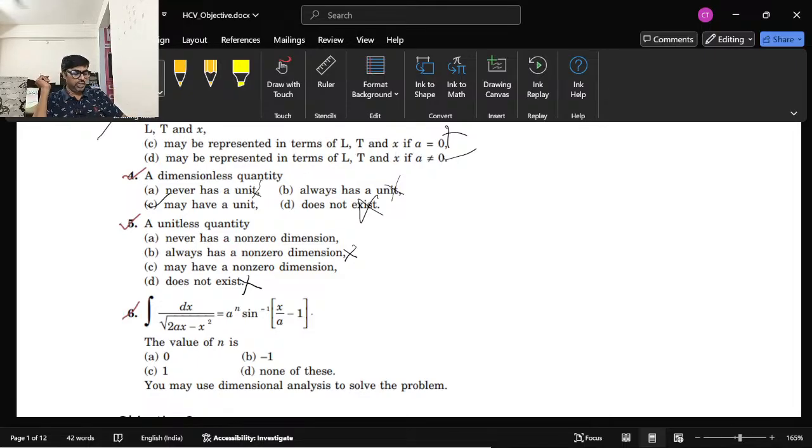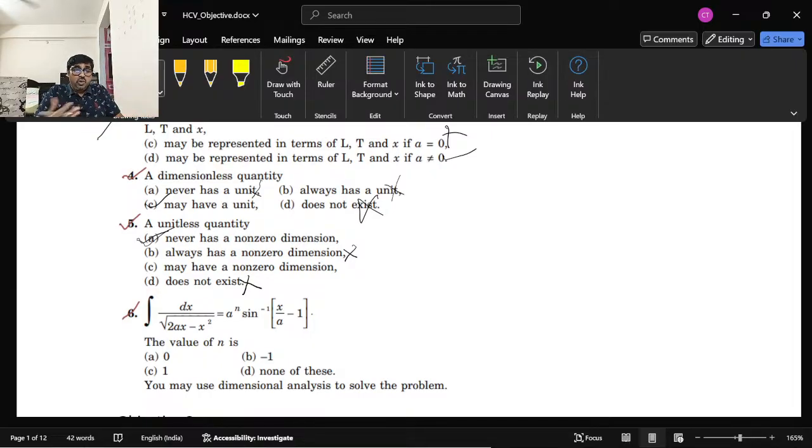So a unitless quantity has no dimensions. If you have units, from units you can define dimensions. A unitless quantity never has dimensions. So option A is correct.